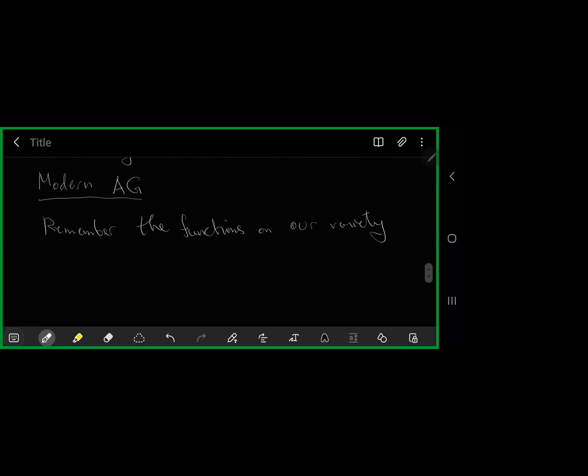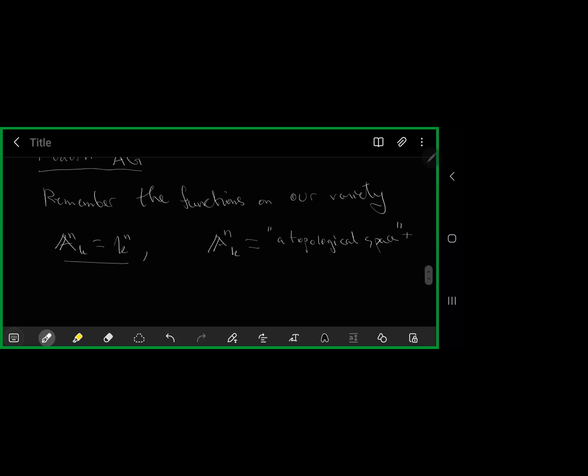So what I mean by that is, let's take A^n. Previously, I defined it as k^n. So this is the classical one. The modern A^n_k, affine space, is going to be a topological space plus functions on that space.